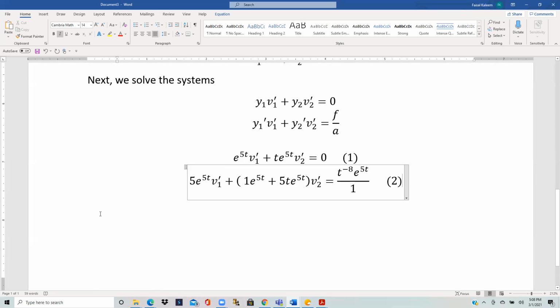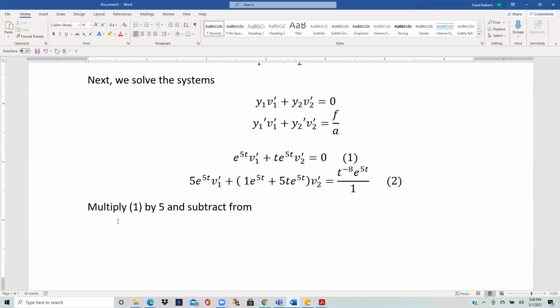So multiply 1 by 5 and subtract from 2. When we multiply this by 5, let's just write 2 first.